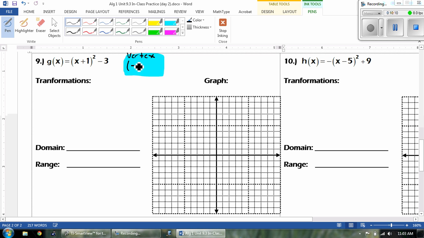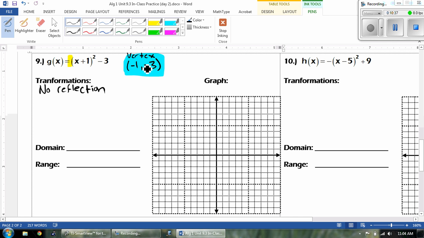Yeah, our vertex is going to be (-1, -3). When we're talking about the transformations, the first thing I want to know is, is there a reflection? It's positive, right? So since it's positive, there is no reflection.